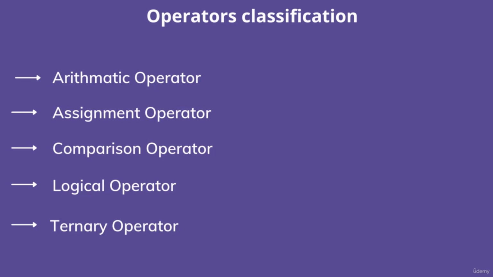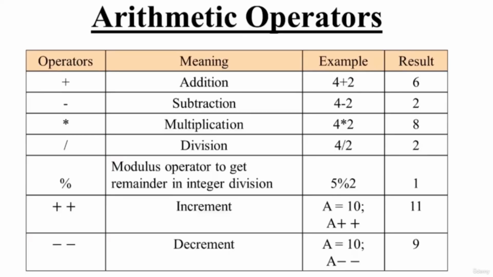Let's have a look at these operators individually. In arithmetic operators, you can see plus, minus, multiplication, that is the asterisk, the forward slash for division, and the percentage symbol for the modulus. That means you can add two numbers, subtract, multiply, or divide two numbers.